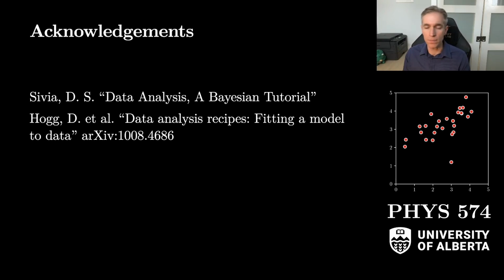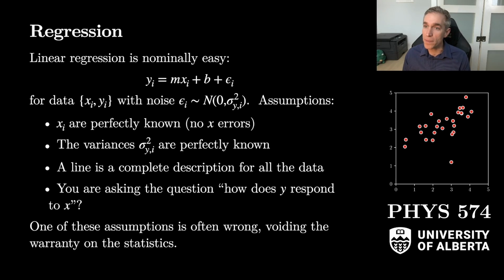So to get started, let's use the past as a way of setting the stage. Now, we teach linear regression in first year physics. We teach it again in lab courses. All of these things are nominally really easy. We put in the idea that we have a variable, y, and it is described in a model of a linear slope, so mx plus b.